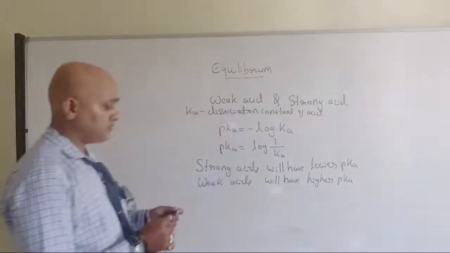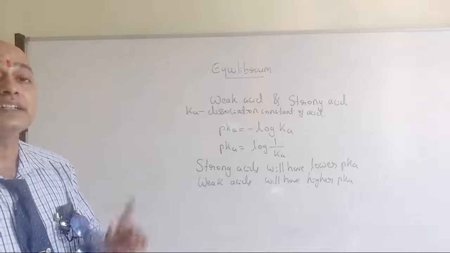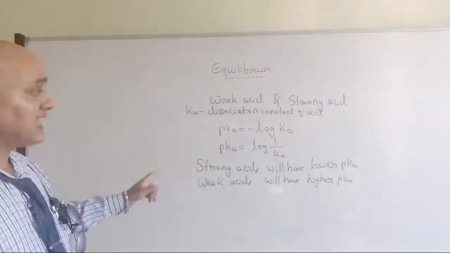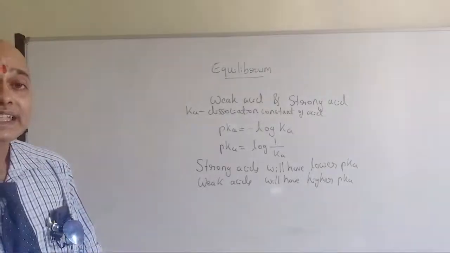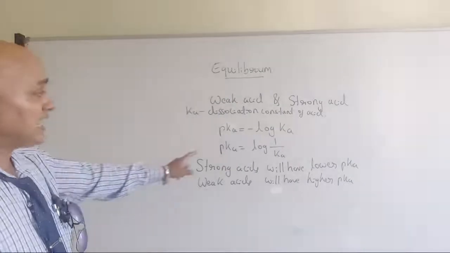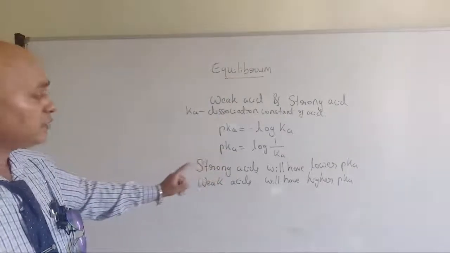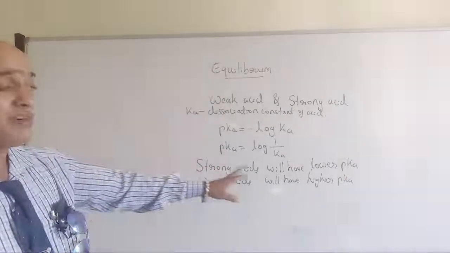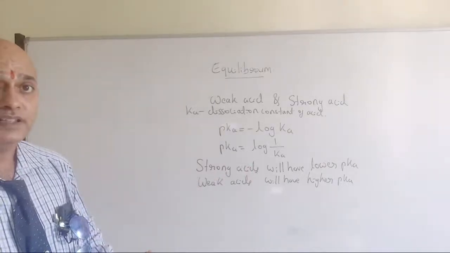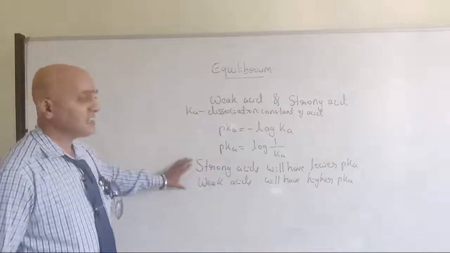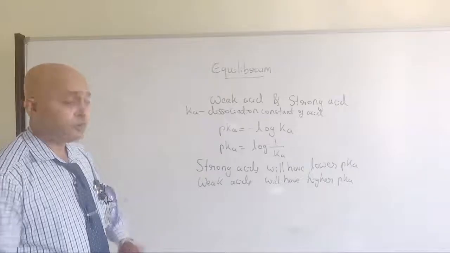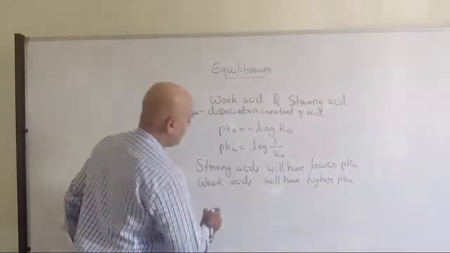Exactly opposite to that of the Ka. Don't get confused. So strong acids will have lower pK value and weak acids will have higher pK value.